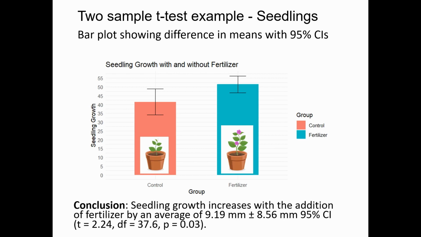And here's one way we can write our conclusion. Seedling growth increases with the addition of fertilizer by an average of 9.19 millimeters. So if we subtracted one mean from the other, it would be 9.19 millimeters, plus or minus 8.56 millimeters, 95% confidence interval.